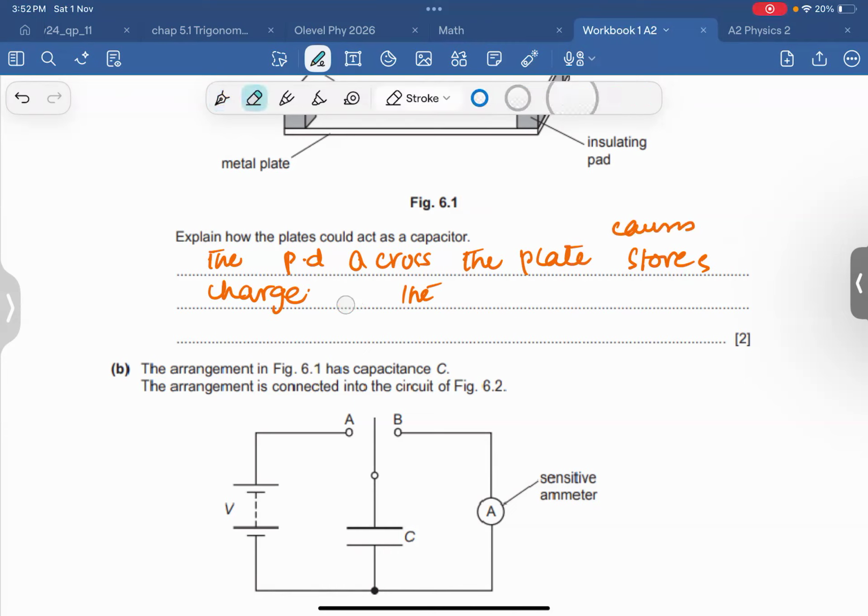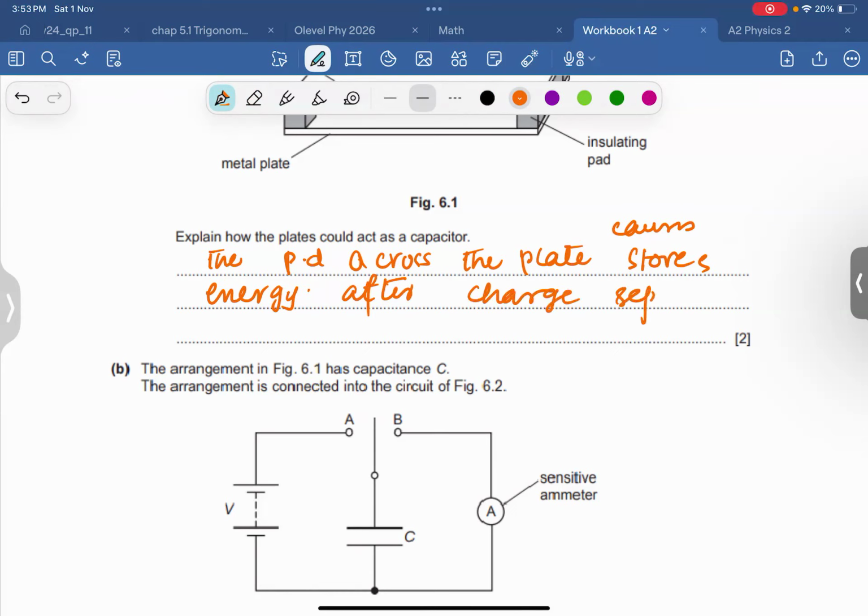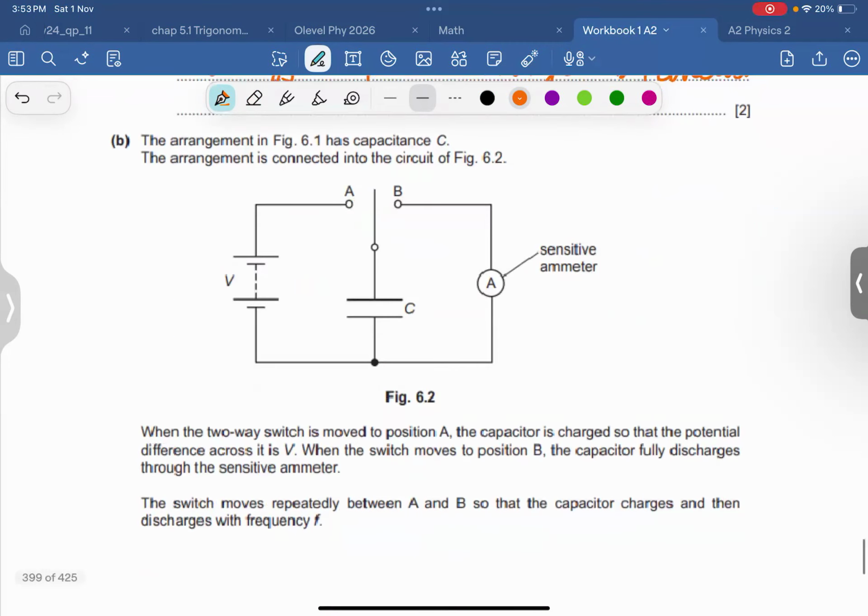Okay, that's it. Now, the potential difference that causes the store of energy after charge separation. Right, that's it. Okay, moving on to the next part.